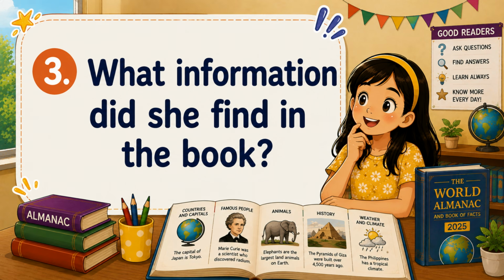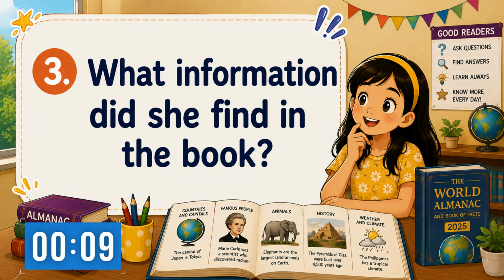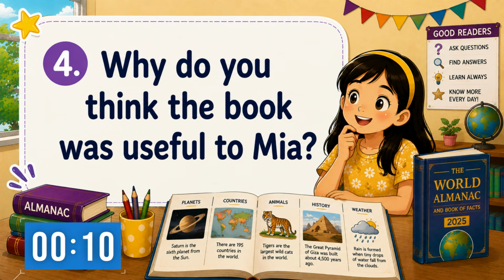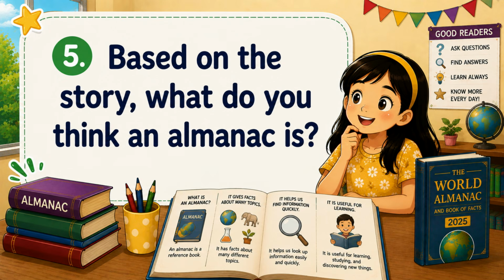What information did she find in the book? Number 4. Why do you think the book was useful to Mia? And number 5. Based on the story, what do you think an almanac is?